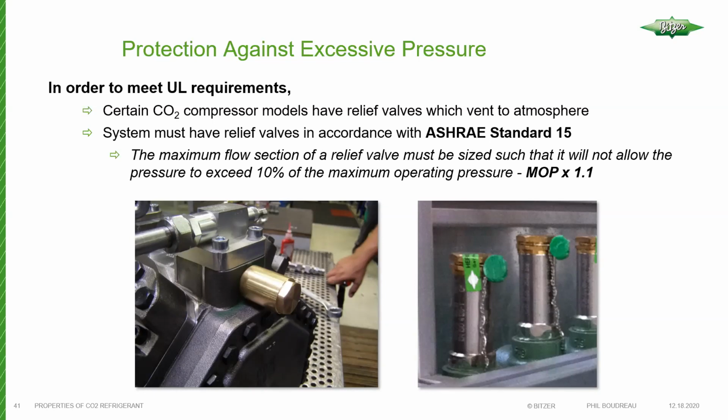CO2 compressors, and we'll probably talk about this just a little bit more when we get into the transcritical side, but CO2 compressors now also have pressure relief valves. Basically, in the event that somebody inadvertently isolates the compressor, we want to have pressure relief protection there. So as always, relief valves are sized in accordance with ASHRAE standard 15.